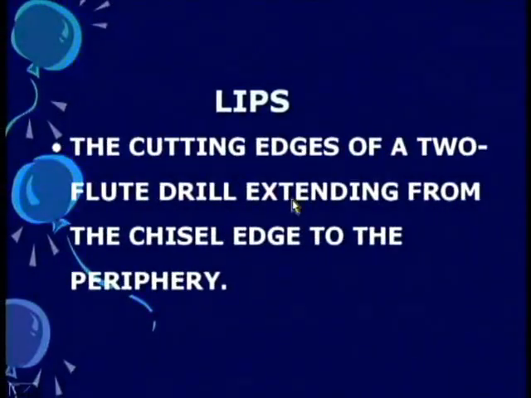Now what is a lip? We will see. The cutting edges of a two flute drill extending from the chisel edge to the periphery. Now we have to locate in this figure what is a chisel edge, what is a lip.